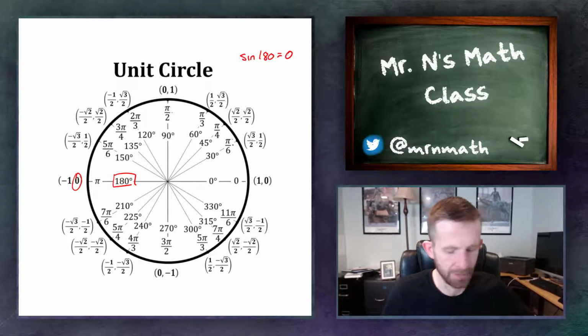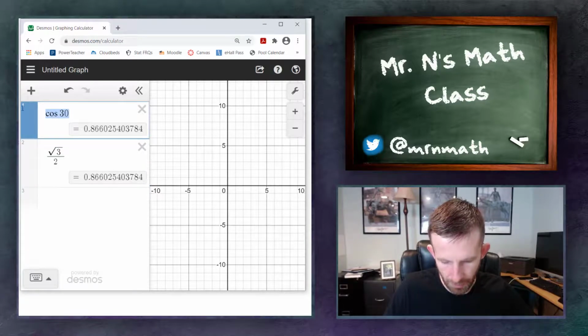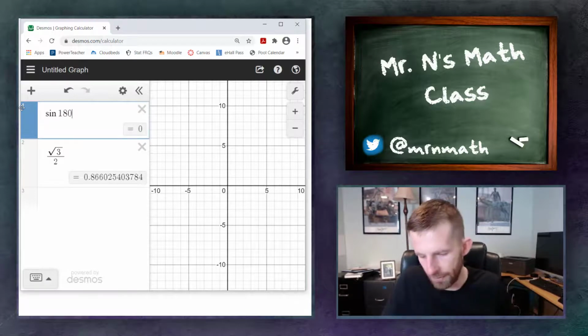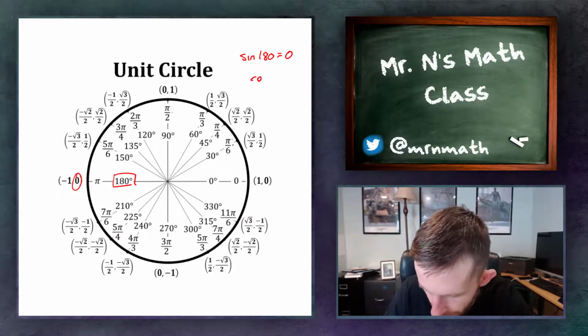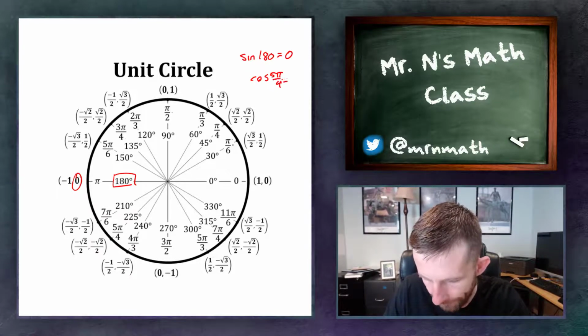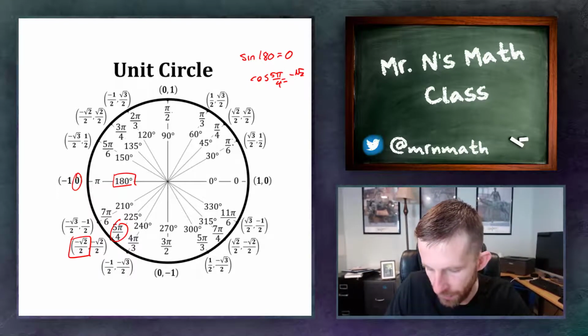Let's just confirm that. Sine of 180 is 0. What if I want cosine of 5 pi over 4? Cosine is the x value at 5 pi over 4, negative root 2 over 2.